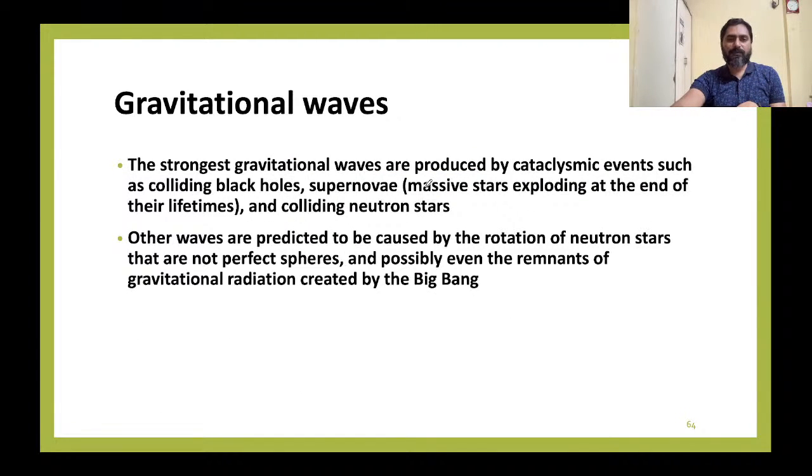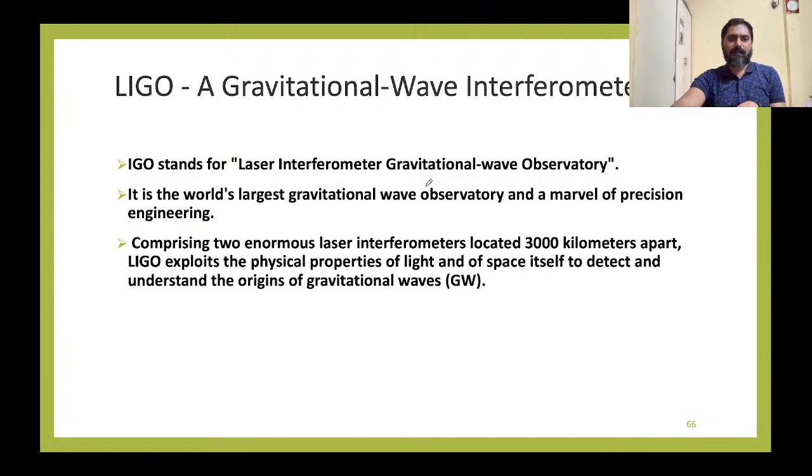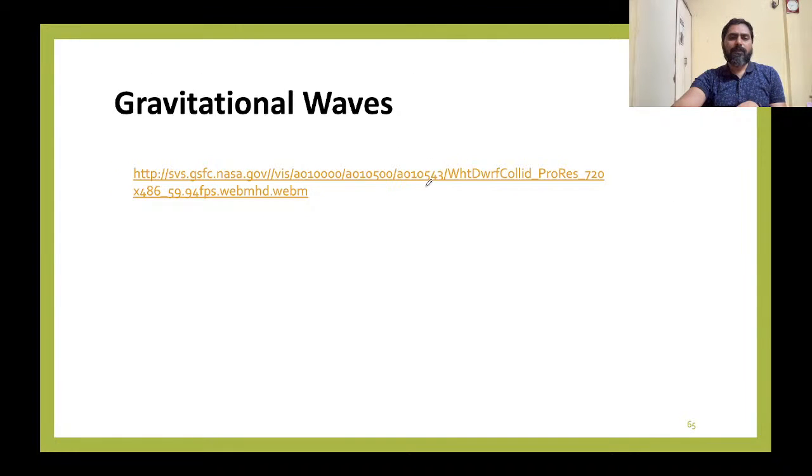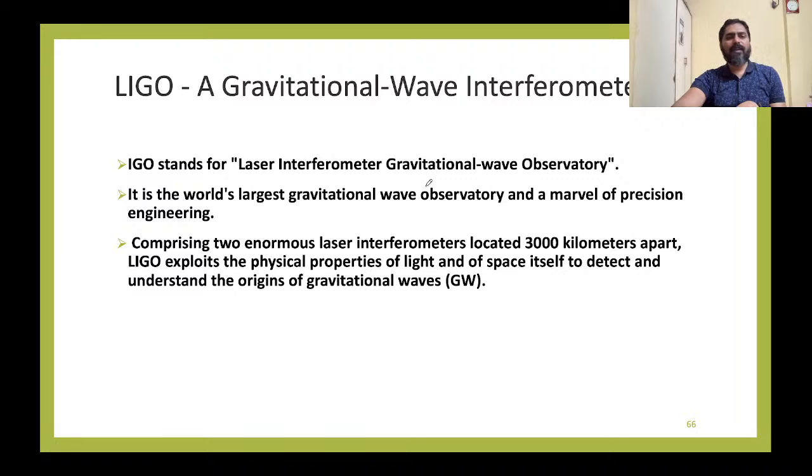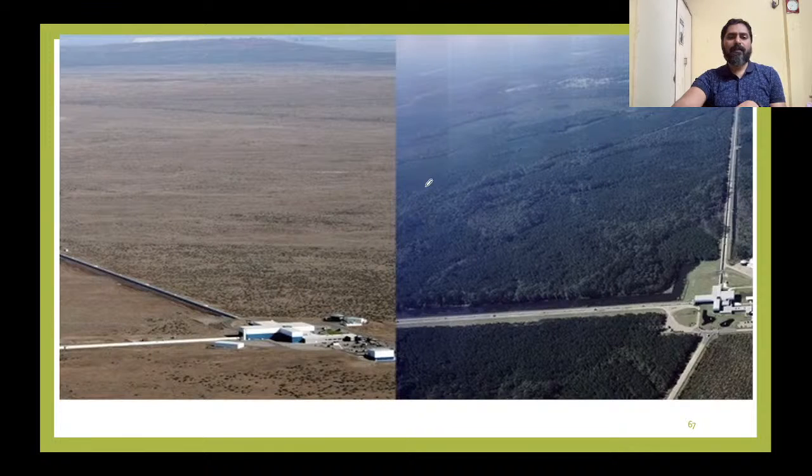LIGO is what? A gravitational wave interferometer. So this is LIGO. In LIGO, two arms are created, having a length of 4 kilometers. You send a laser light in the two arms. One laser light moves in this direction, another laser light moves in this direction.